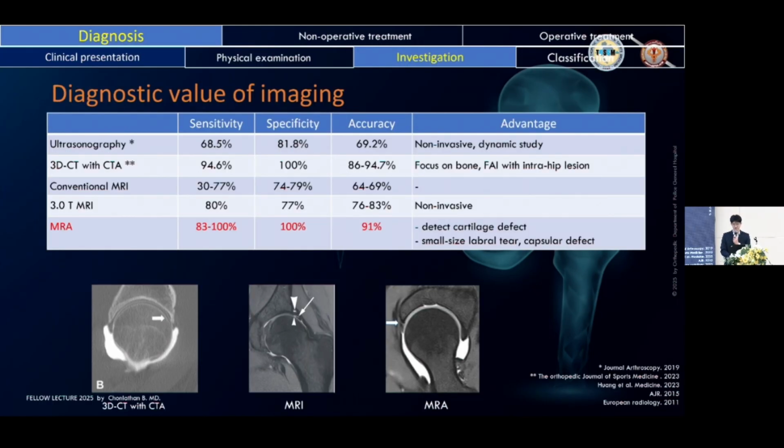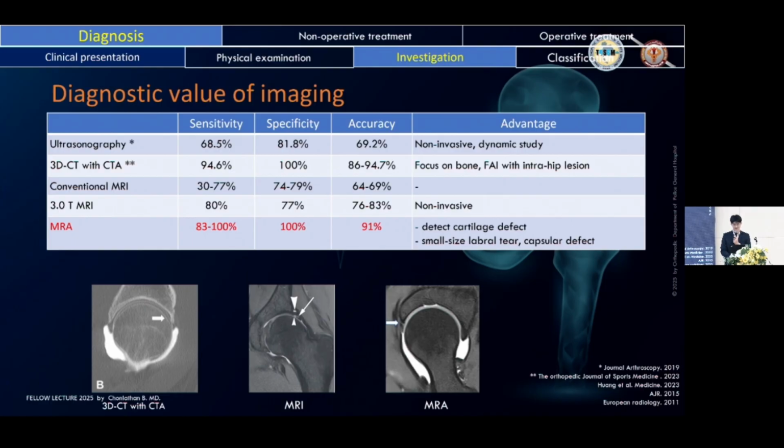For the investigation, although ultrasound has the lowest diagnostic value, it has the advantage of being an inexpensive, quick, non-invasive procedure with dynamic evaluation. There was a paper studying FAI with labral tear. They used 3D CT and CTA as the main imaging, and it had high sensitivity, specificity, and accuracy too.